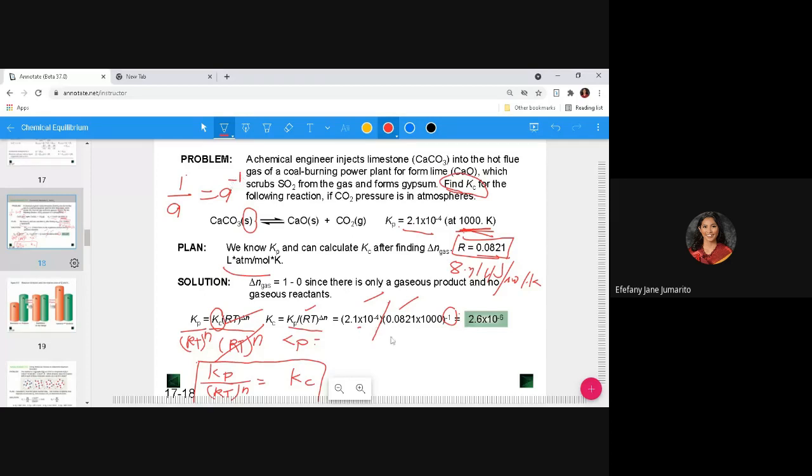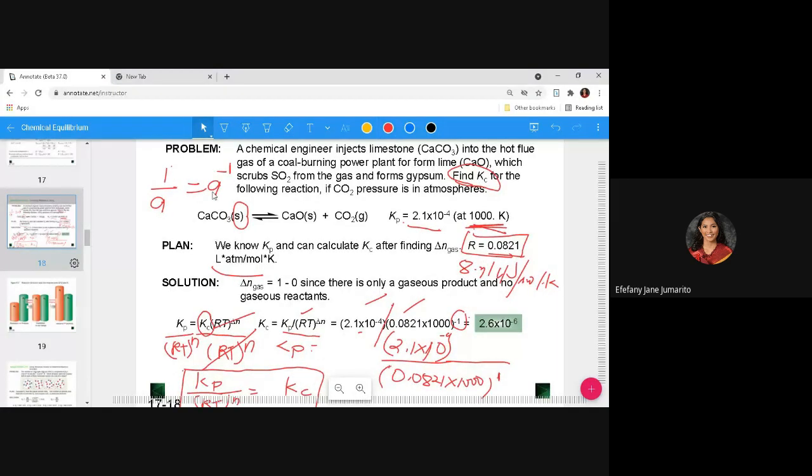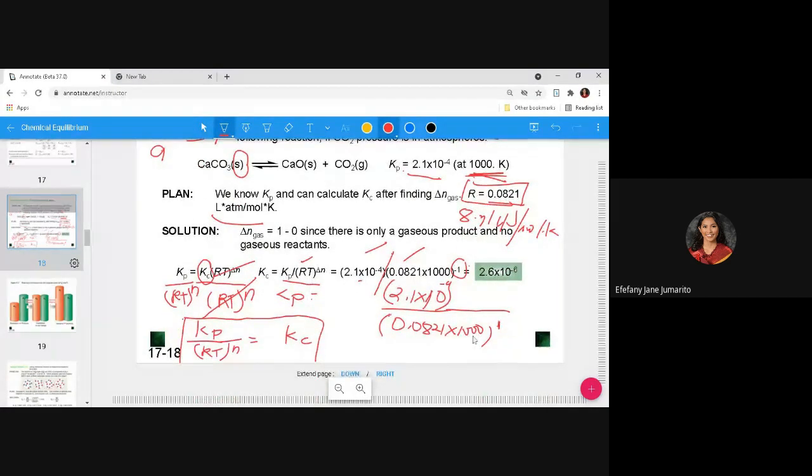So what happened here is 2.1 times 10 to the -4 over 0.0821 times 1,000 raised to the 1. But I want to multiply it, so I raise that number. So that will be 2.1 times 10 raised to the -4.